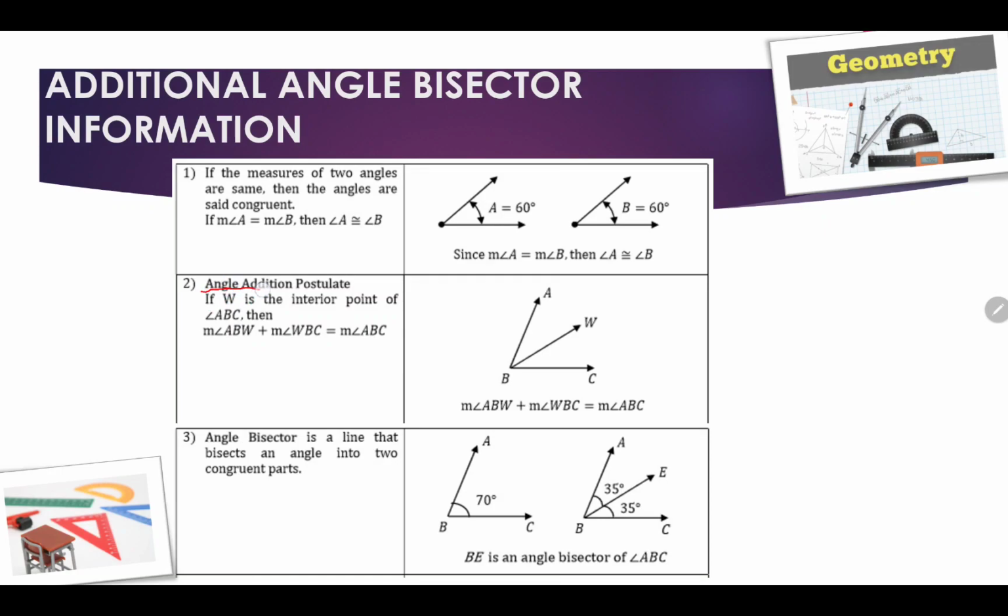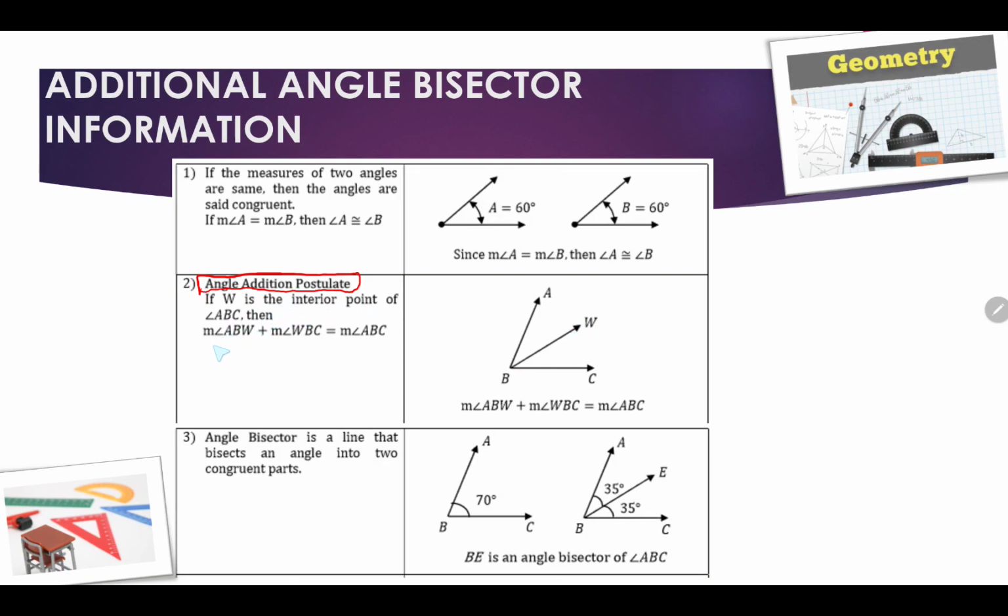Ini apa maksudnya angle addition postulate? Nama ni pun you all kena ingat sebab kita akan gunakan dia dalam soalan-soalan two column proof. Okay, what is the definition of angle addition postulate? If W is an interior point of angle ABC, kita ada angle ABC and then W is any interior point dekat sini, satu line dekat sini.